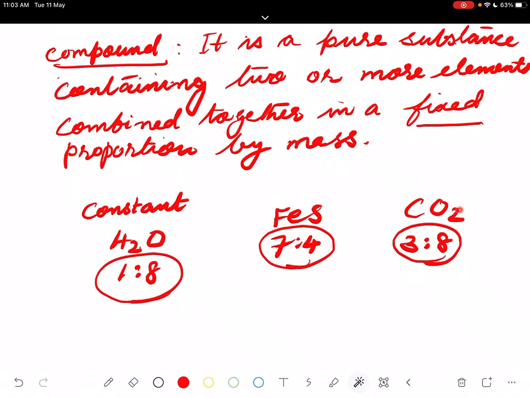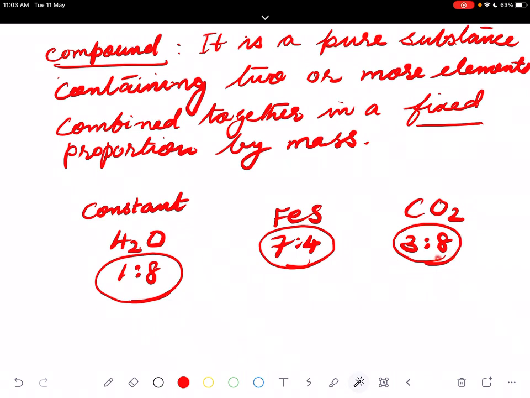You take carbon dioxide from any place, you will see in carbon dioxide two elements, carbon and oxygen, are present in what ratio? 3 is to 8 by mass. That means if you are taking 3 grams of carbon, you will need 8 grams of oxygen.